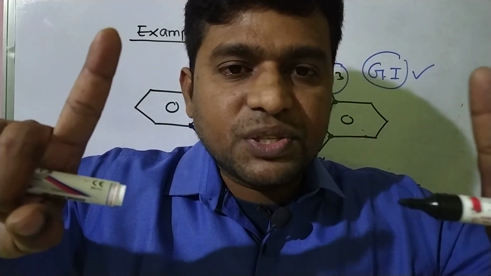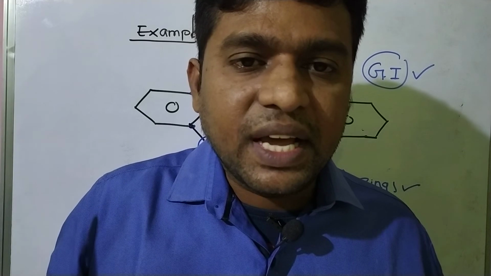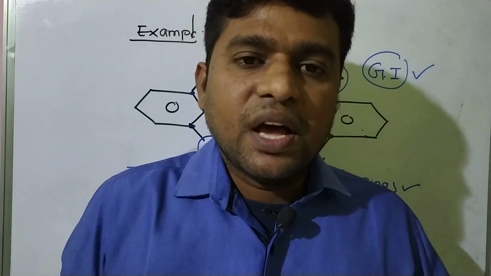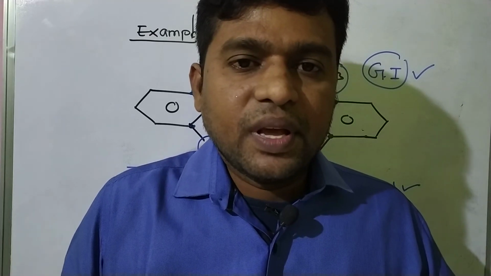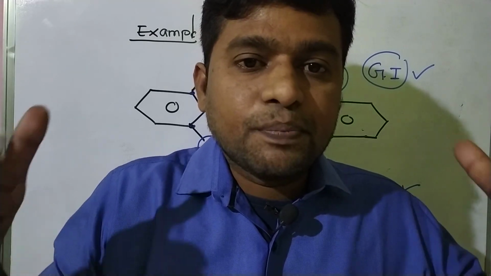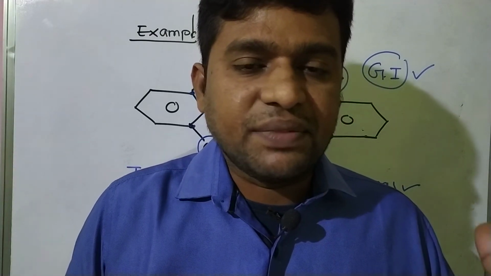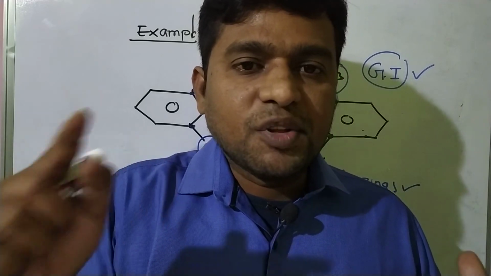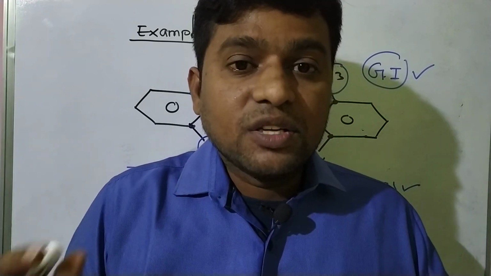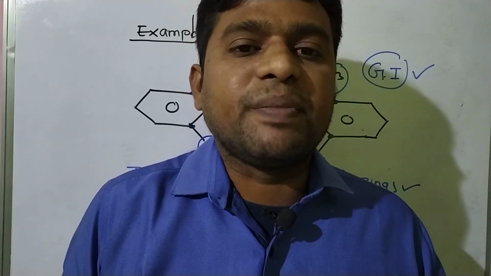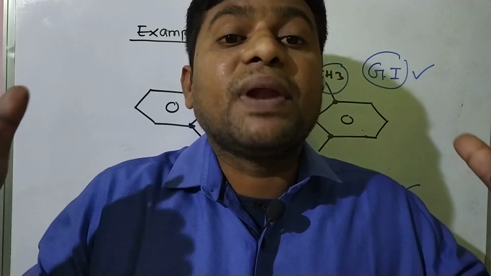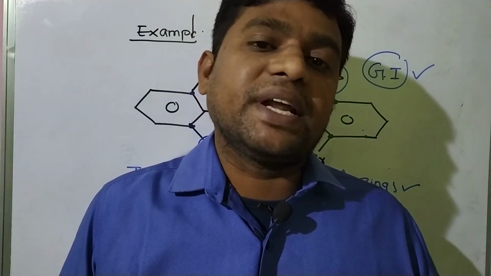Non-planar structures do not give geometrical isomerism. Okay students, now come to triphenyl. Triphenyl means an odd number of benzene rings are present. So the ortho positions may have bulky groups, and the structure must be planar. Planar molecules will give geometrical isomerism.